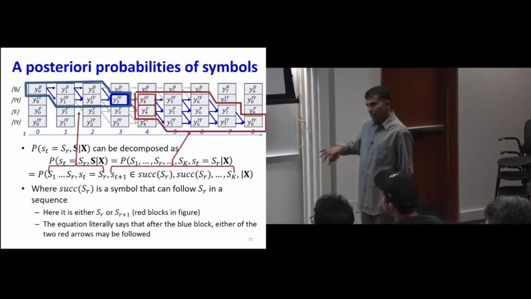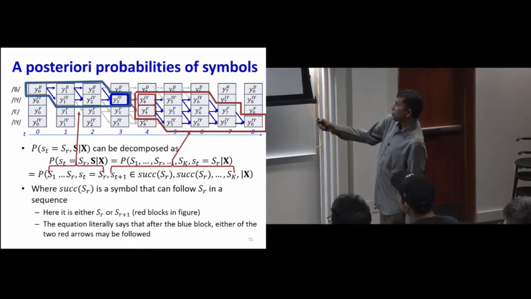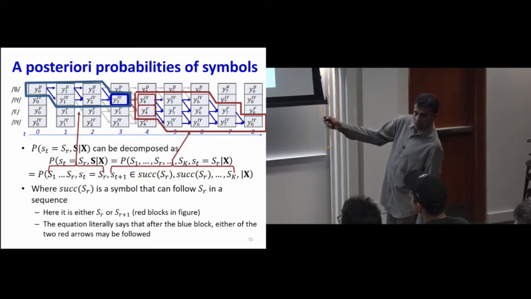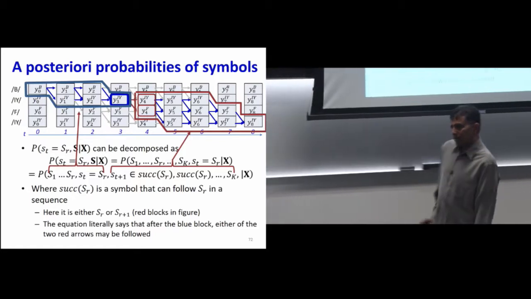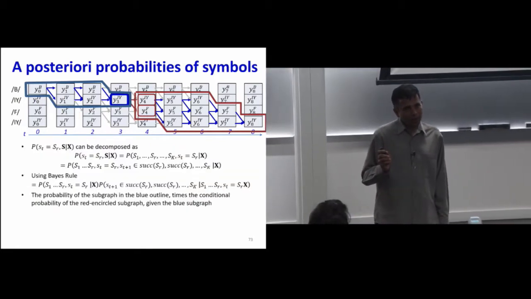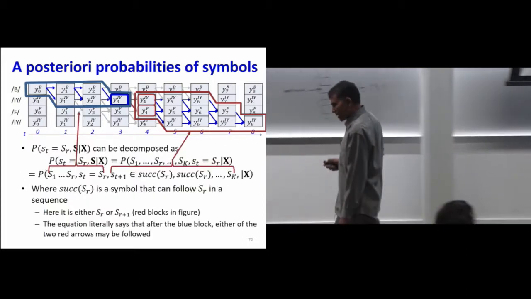Now I can decompose the graph into two parts: the portion of the graph that actually leads into this node and the portion of the graph that goes out from its successors. Yeah? And so something interesting happens, which I'll stop after pointing this out.